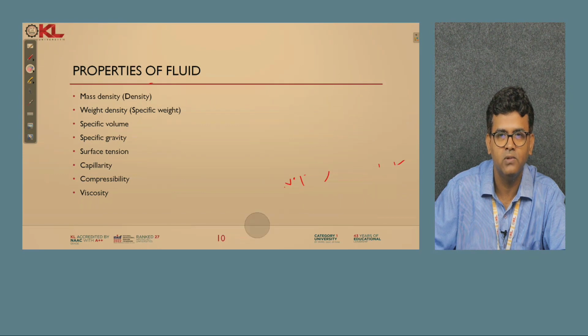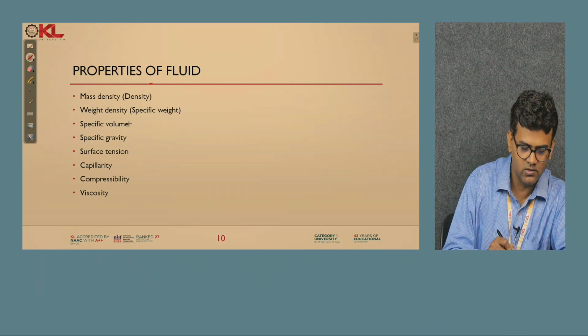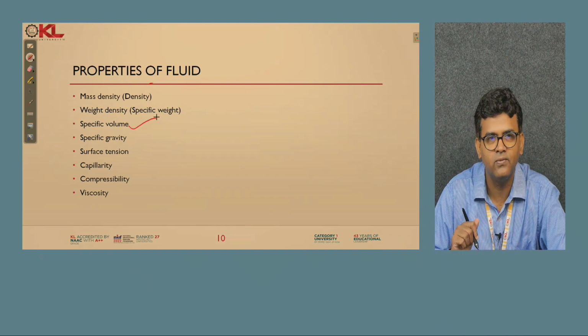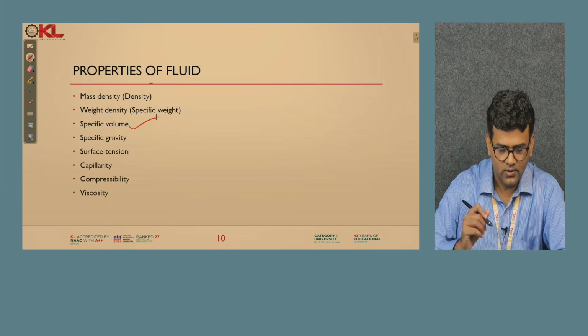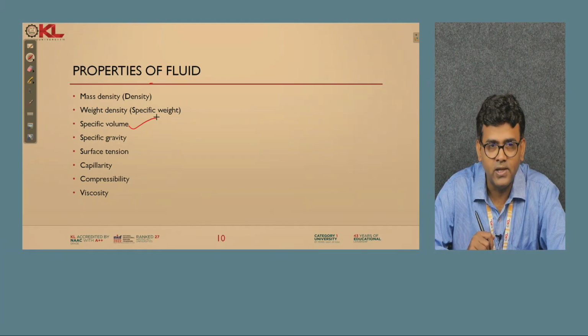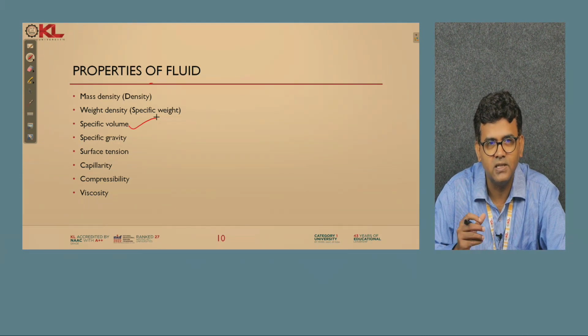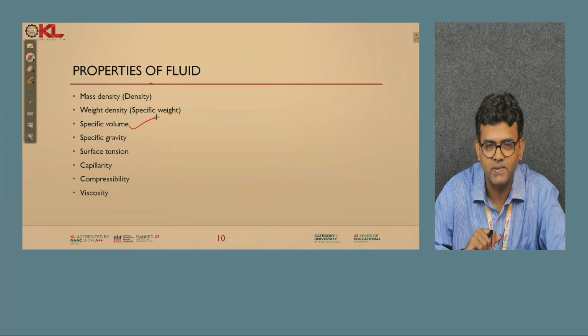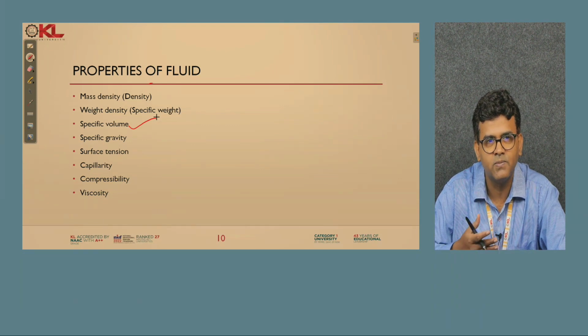Next we are moving to the specific volume. How can we define the specific volume? Specific volume is how much volume there is per unit mass. Thus it is the reciprocal of the density.